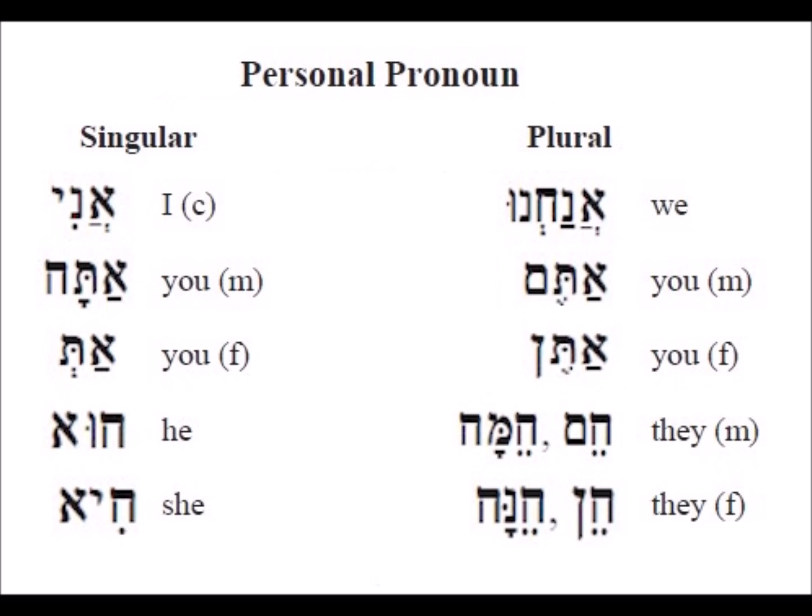Anachnu is we. Atem is you, masculine plural. Aten is you, feminine plural. Hem is they, masculine. You have it written hemah or hem. And hen, the same. Henah or hen, they, feminine.